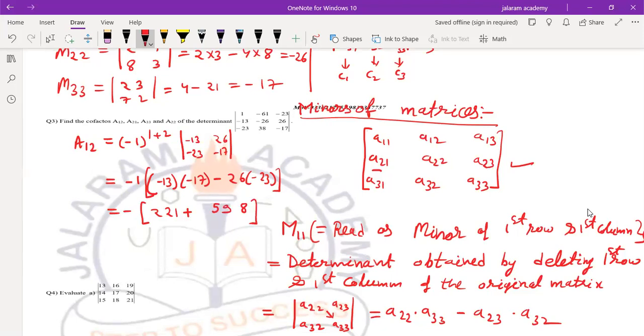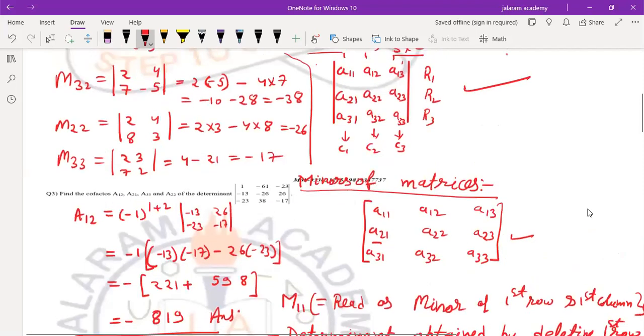Correct? 23 6 138. 13 will be power. 23 to the 46 plus 13, 59. Okay, correct. On adding, it is minus 890, which is the value of A12.